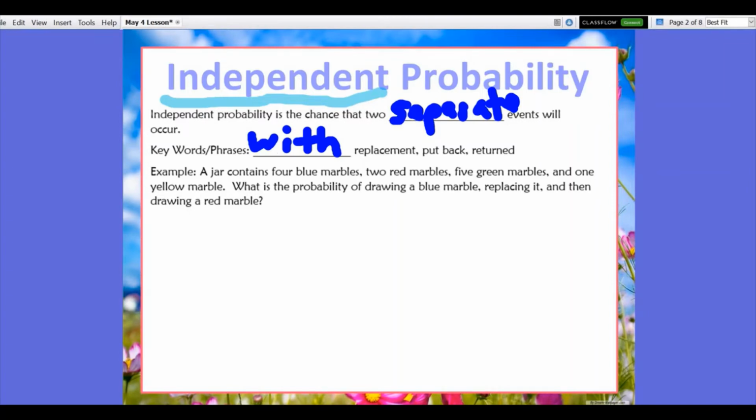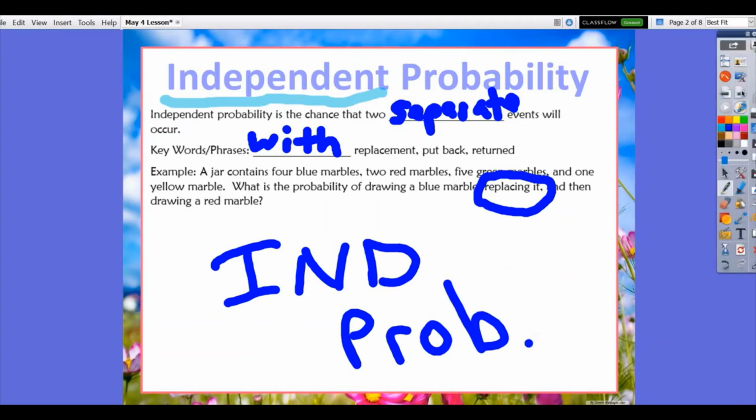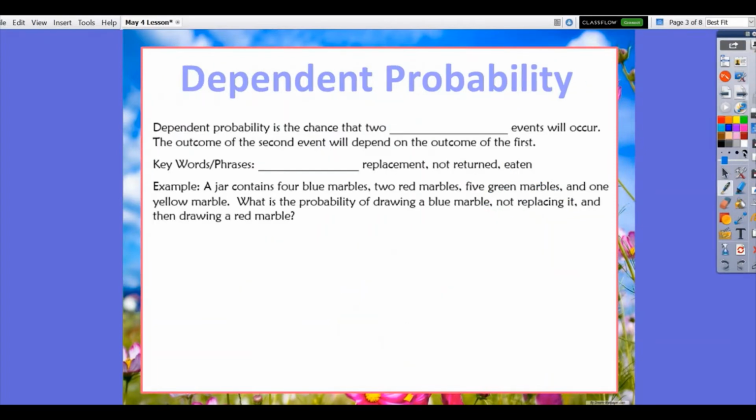What is the probability of drawing a blue, replacing it, and then drawing a red marble? Since you're putting it back, there's no change at all to what you started with. So that is independent probability.